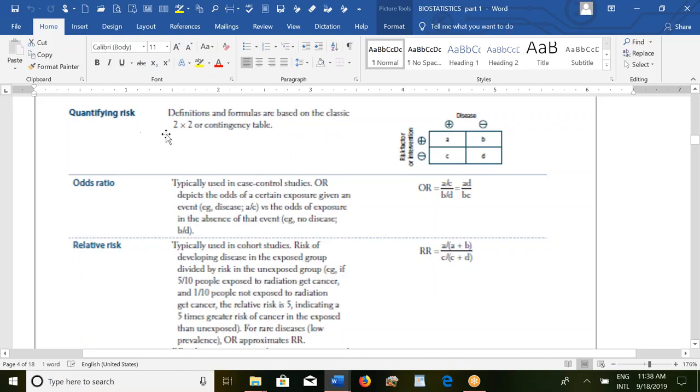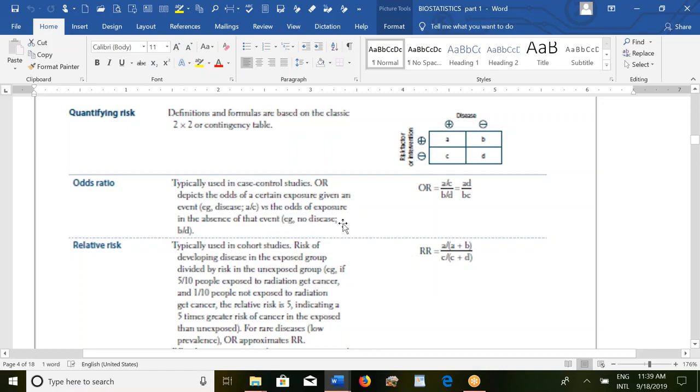Then if you want to quantify the risk, we can use odds ratio. Odds ratio is typically used in case control studies, designated as OR, and it means the odds of a certain exposure given an event, for example disease, versus the odds of exposure in the absence of that event, so no disease.